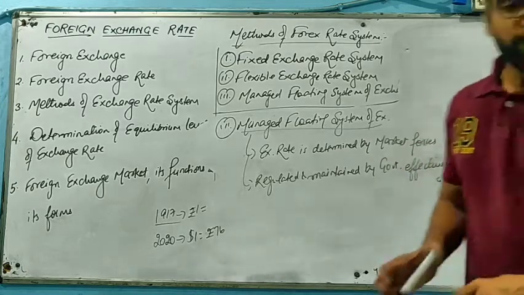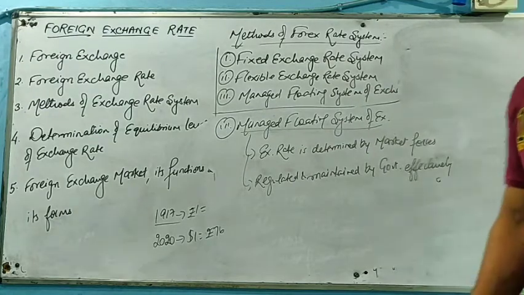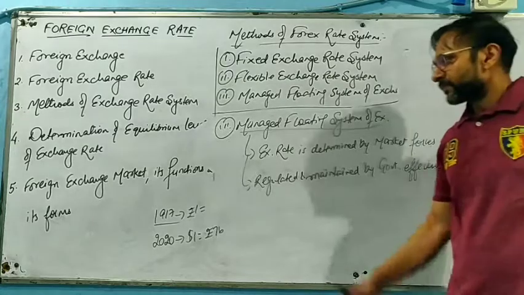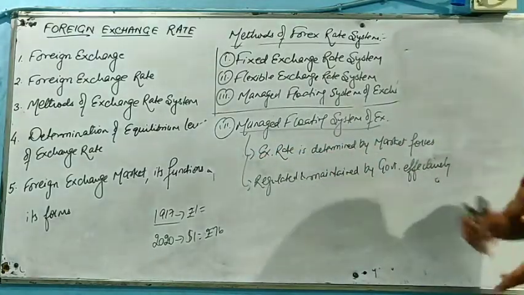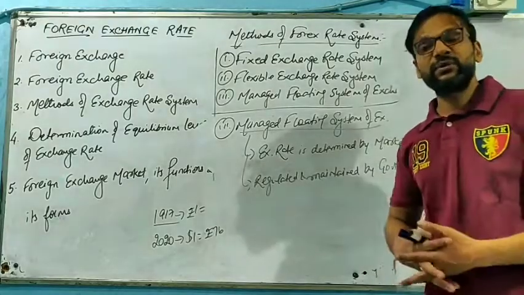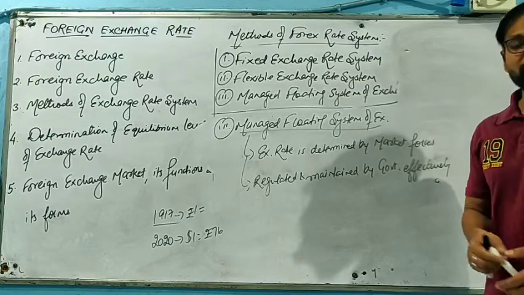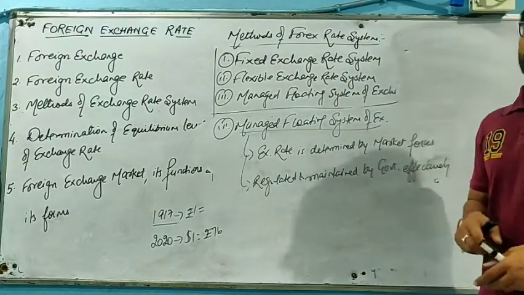It means no country would like to see heavy fluctuations rising in that country. So, when the exchange rate is determined by market forces and market forces are getting very high or very fluctuating, then the government needs to act. The RBI, the central bank, has to act on behalf of the government and regulate and maintain effectively.